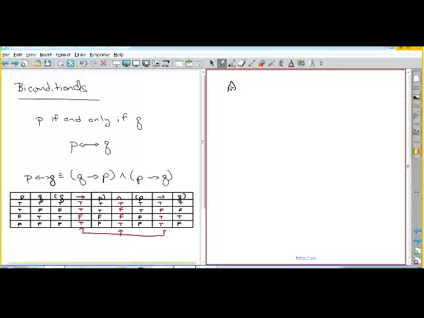A triangle is isosceles if and only if two sides of the triangle have equal length.